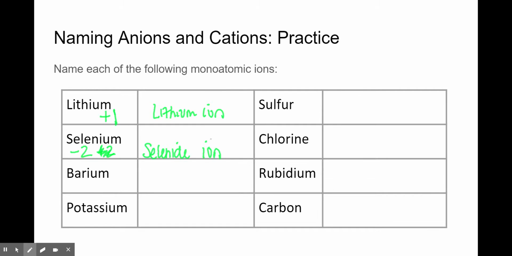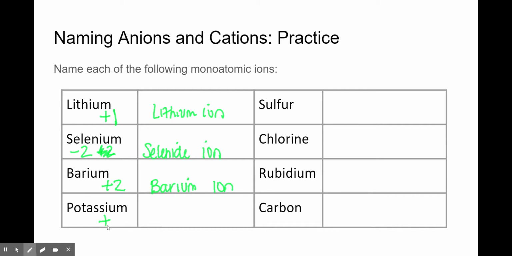We have barium. Barium is on the left of the periodic table in the second row, group 2A, so it's going to be +2. Its name is going to be barium ion. Potassium is on the left as well.